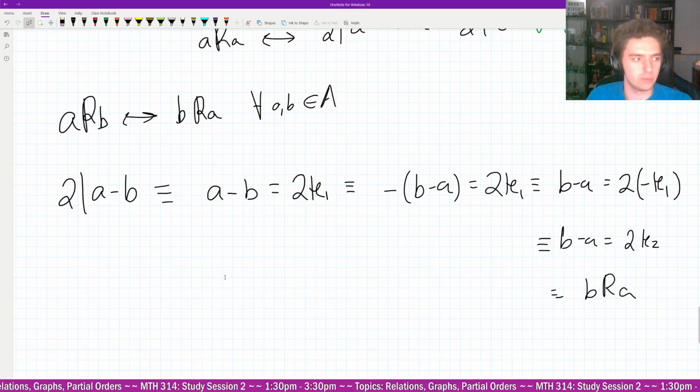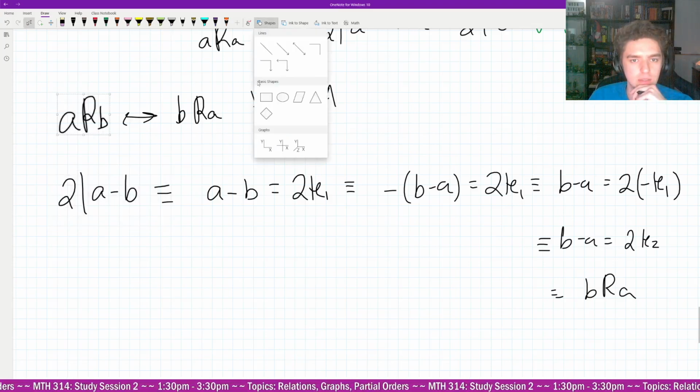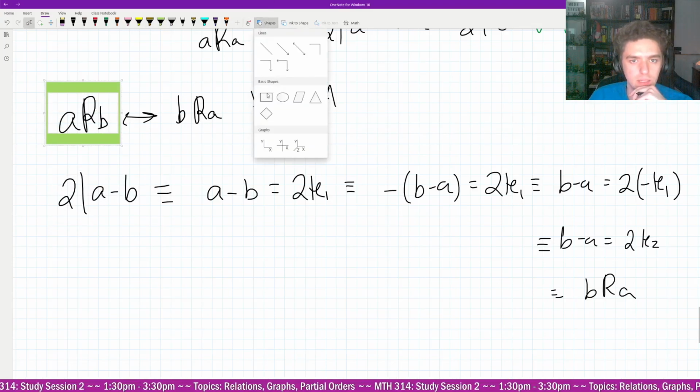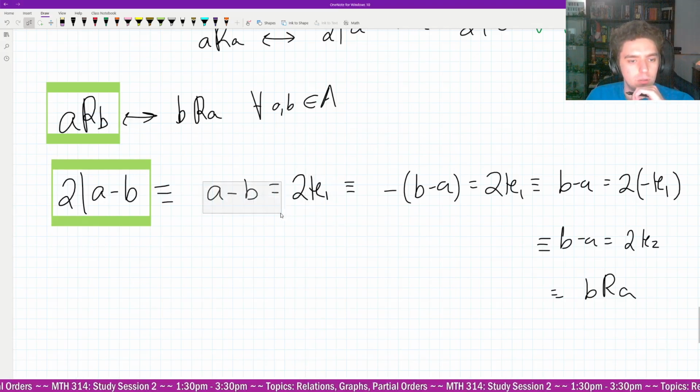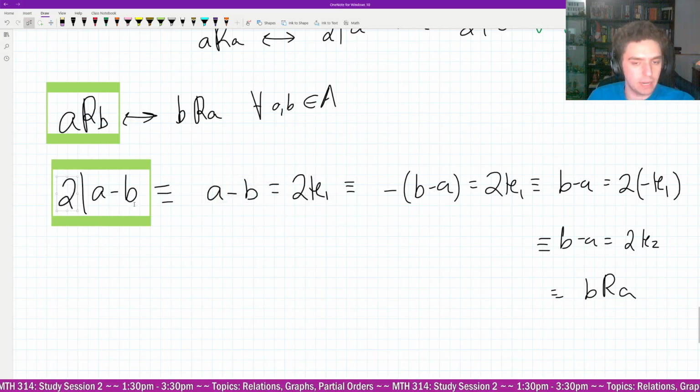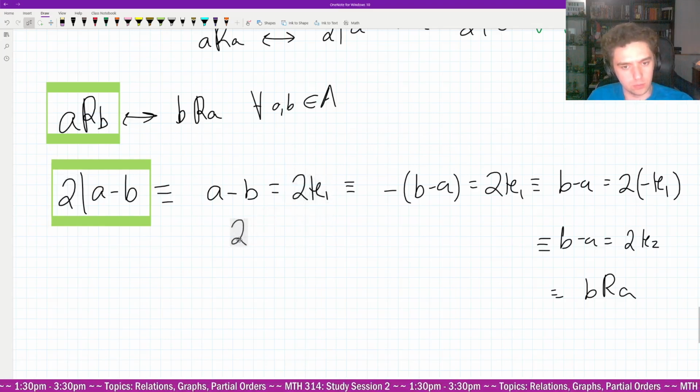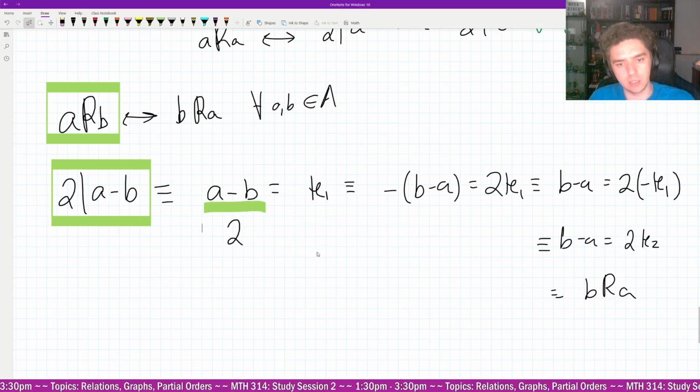So let me recap that. We started with this statement. Let me box it to highlight what we started with, right? That is logically equivalent to a minus b equals 2k1, which is just some k for the first k value. This is true because 2 divides a minus b means that a minus b divided by 2 is some constant, right?